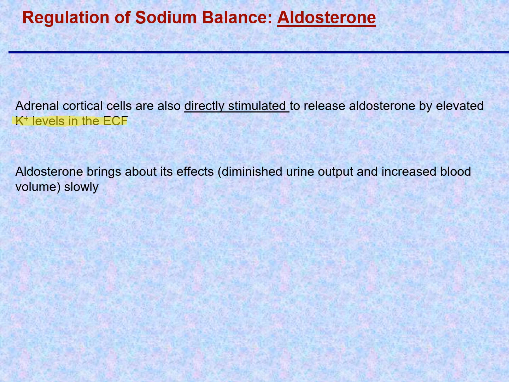If the potassium level is high, then you will get aldosterone release, and unlike with sodium, which it causes to be reabsorbed, it will cause the potassium to be released or excreted out in the urine. Aldosterone brings about its effects, which is a decrease in urine output and an increase in blood volume, slowly. It's not a rapid response kind of thing.